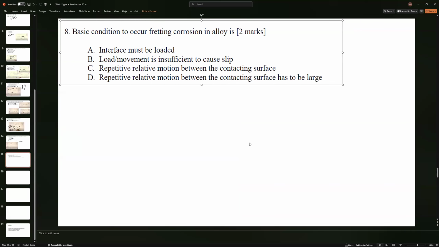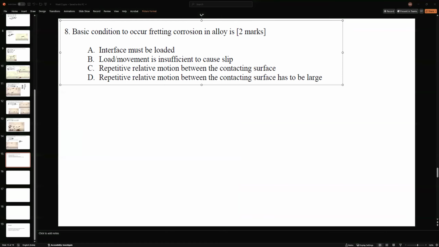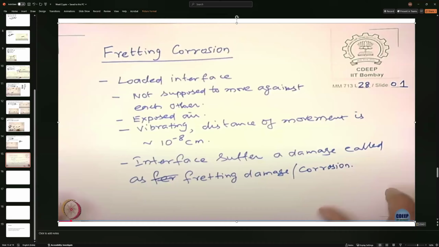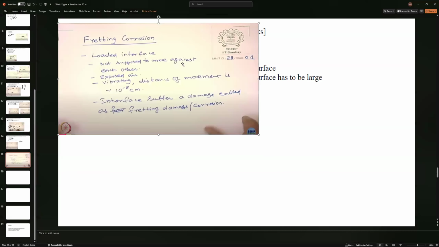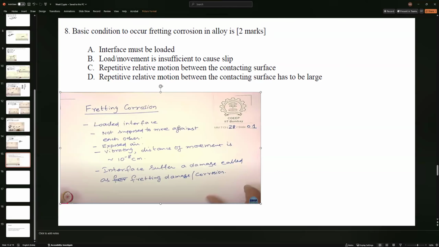Basic condition for fretting corrosion. So your interface has to be loaded, the first one.